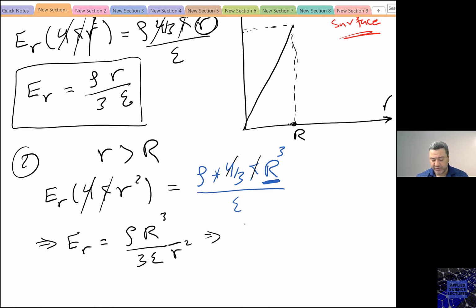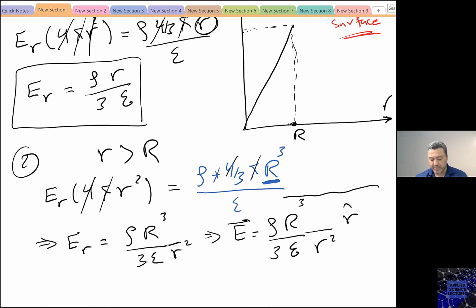Now, if you want to put this in vector form, it will be rho R cubed divided by 3 epsilon r squared, r hat.